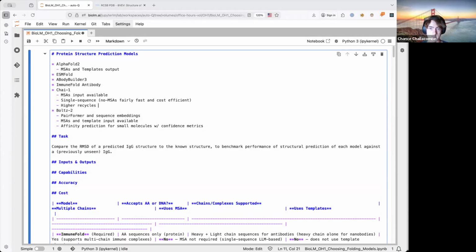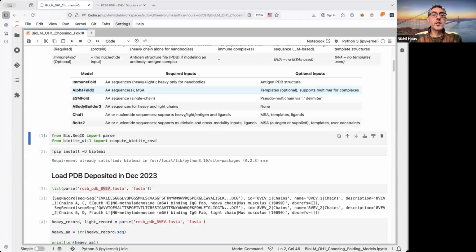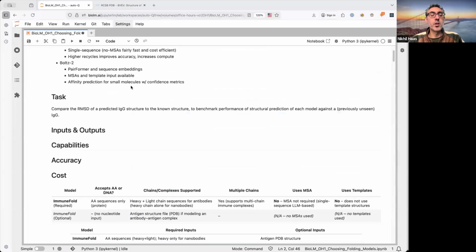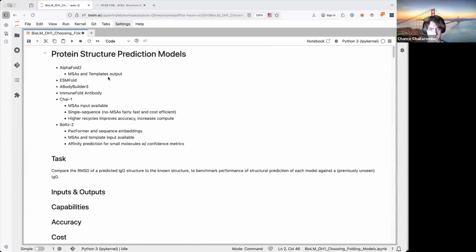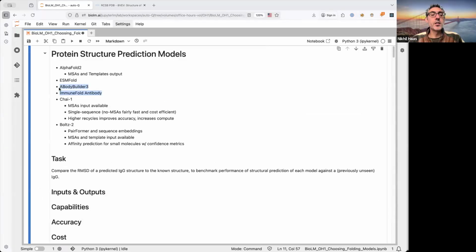But that of course increases compute because it's more iterative structure prediction. Yeah. Yeah, you're right. They can be pretty fast, but they do require more hardware. Yeah. If you're doing high throughput screening, these are amazingly fast.